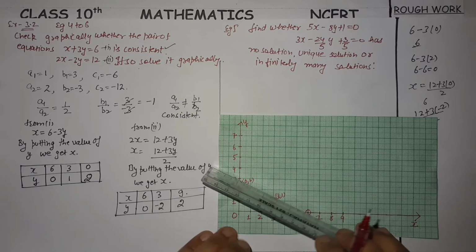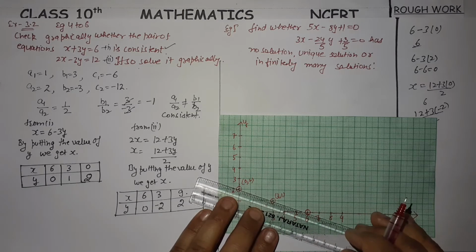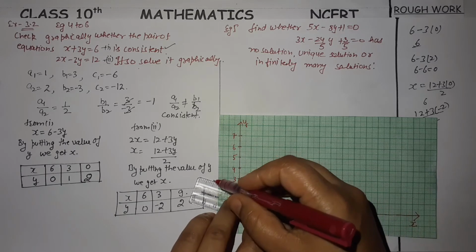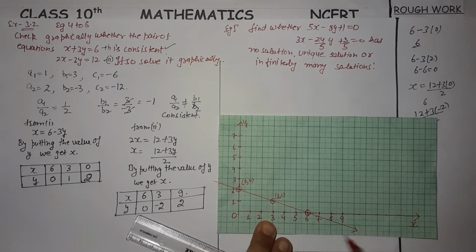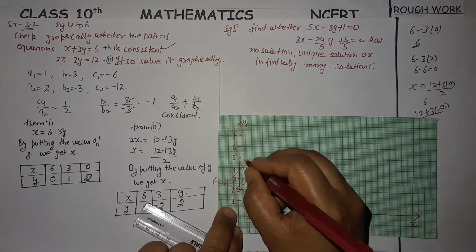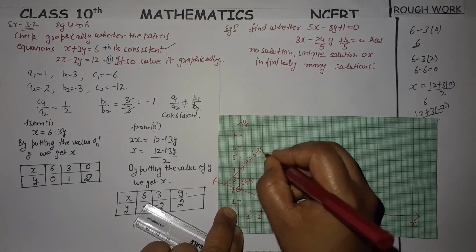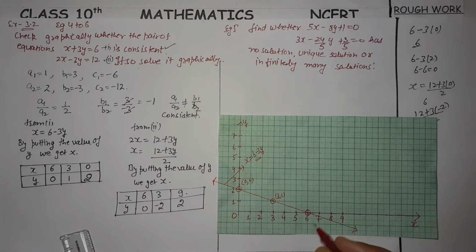Now join. When we join, it always shows a single straight line. The name of the equation is x equals 6 minus 3y.